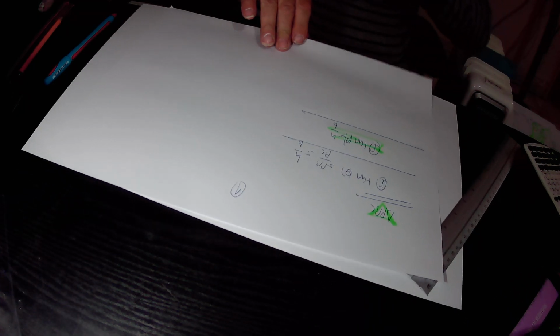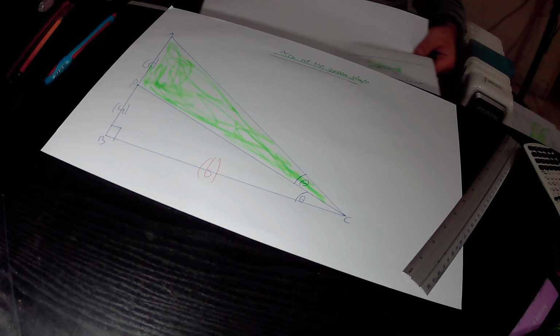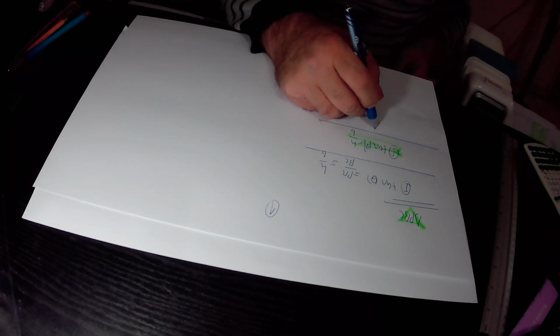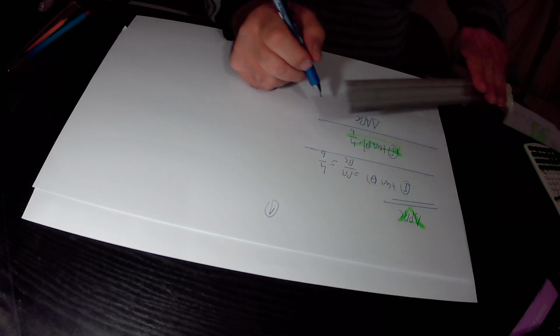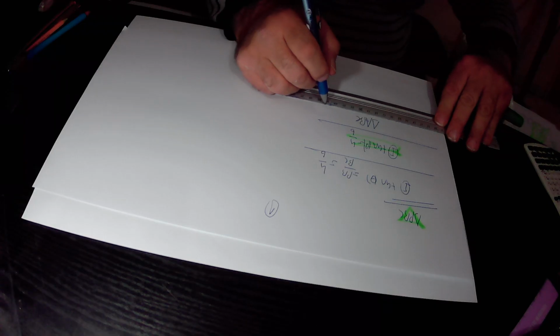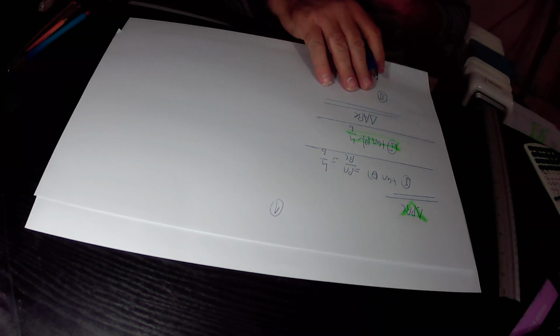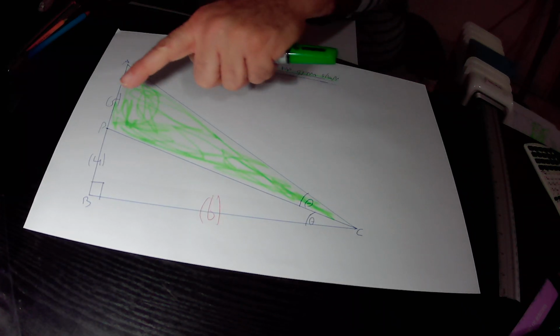In the next step, we'll focus on this big triangle ABC. It's very easy to see that tangent 2 theta equals AB over BC.